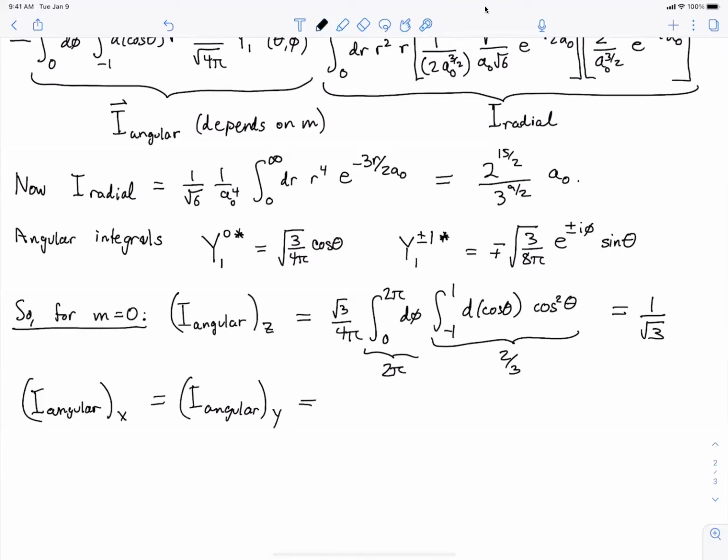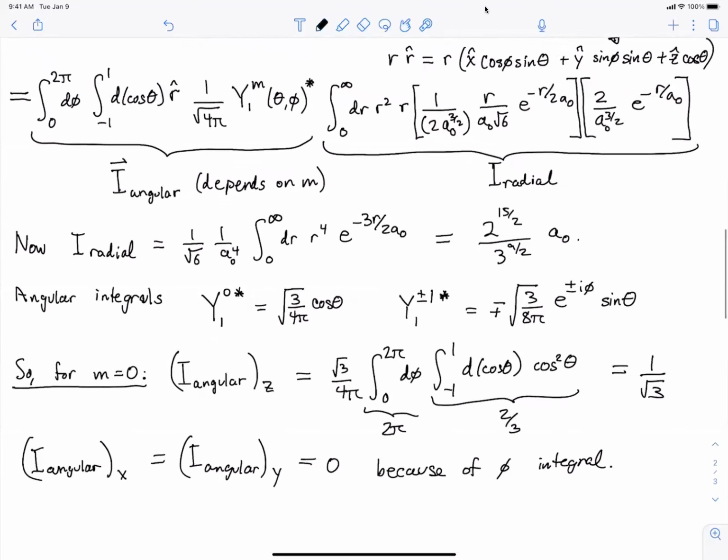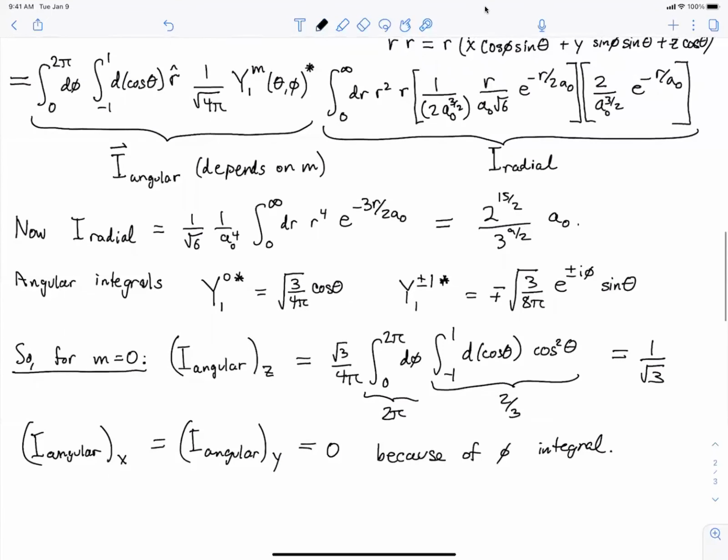And why are they 0? They're 0 because of the phi integral. Instead of immediately writing stuff down, you can just notice that, aha, these are going to have just cosine theta dependence.